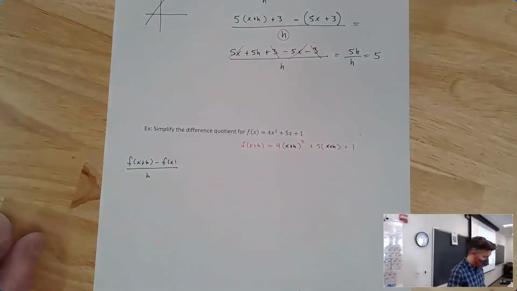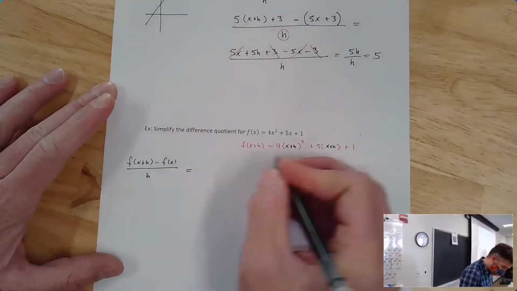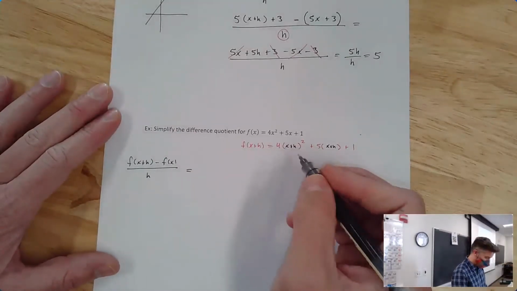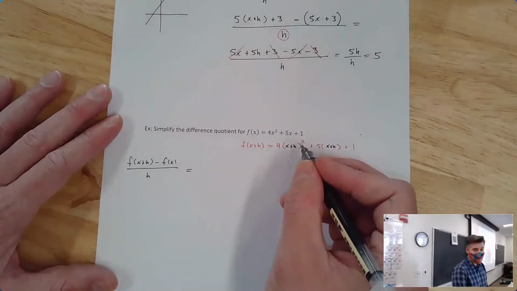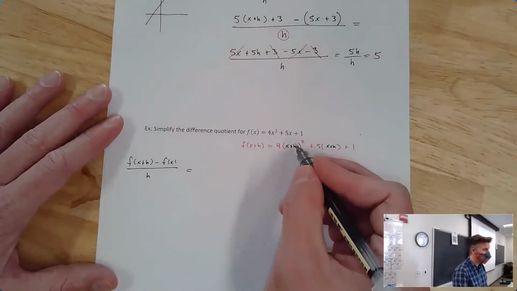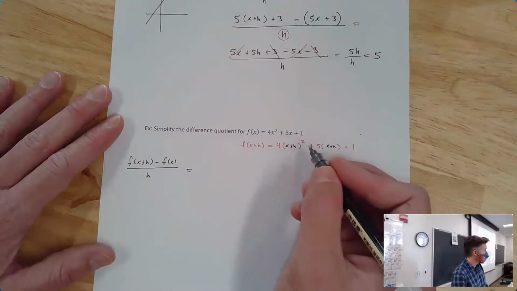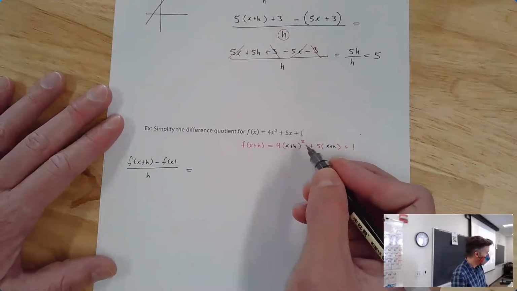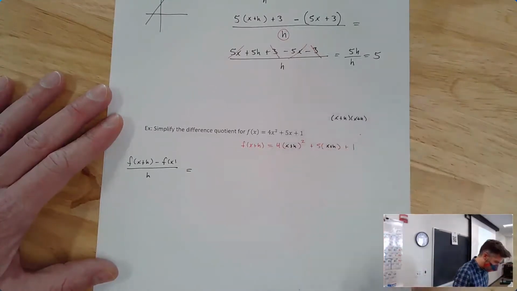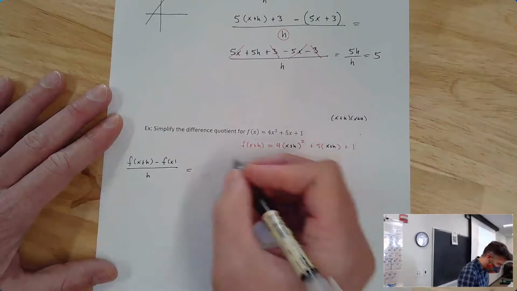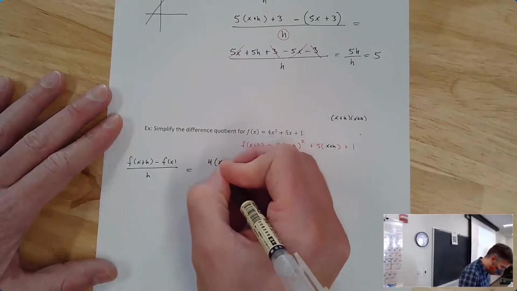Okay, so now this is a bit of work, so I'm going to do some simplifying as I write this. X plus h squared is going to come up a lot. I encourage you to get used to remembering that x plus h quantity squared is x squared plus 2xh plus h squared, because it's x plus h times x plus h. So we're going to have 4 times x plus h.